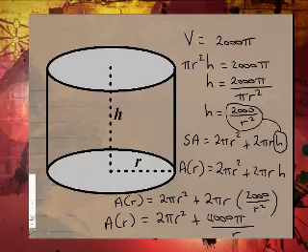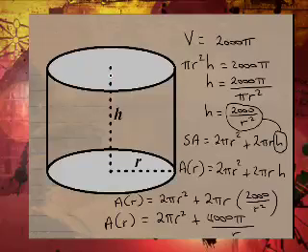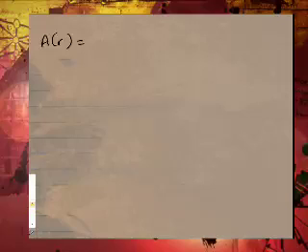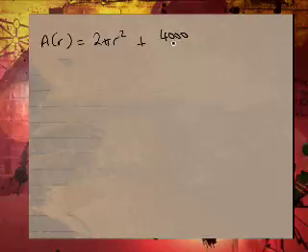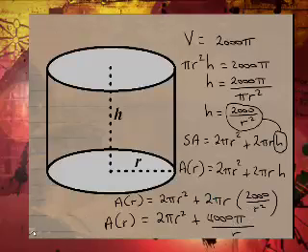So let's rewrite this on the other page. The area in terms of r is 2 pi r squared plus 4,000 over r, and there's definitely a pi involved in that. Let's just check back quickly. Yes, there's definitely a pi there.